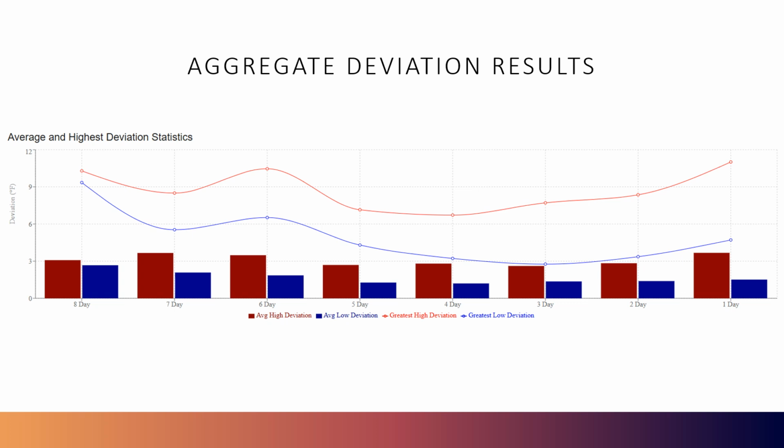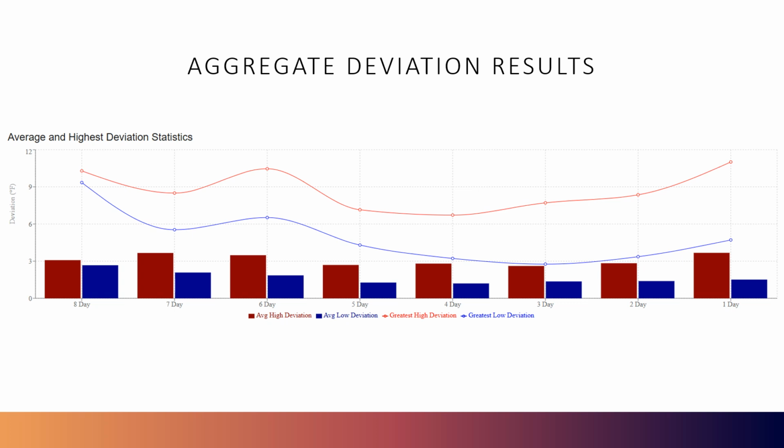The bar charts show the average deviation between the forecasted high and the actual high, and the forecasted low and the actual low. It doesn't matter if the forecasted high was 3 degrees warmer or 3 degrees cooler, it will add to this number. So it basically shows us how far off the temperature is on average.